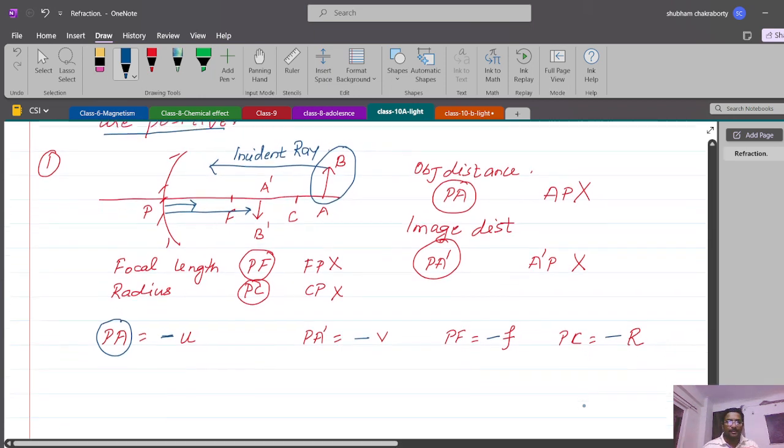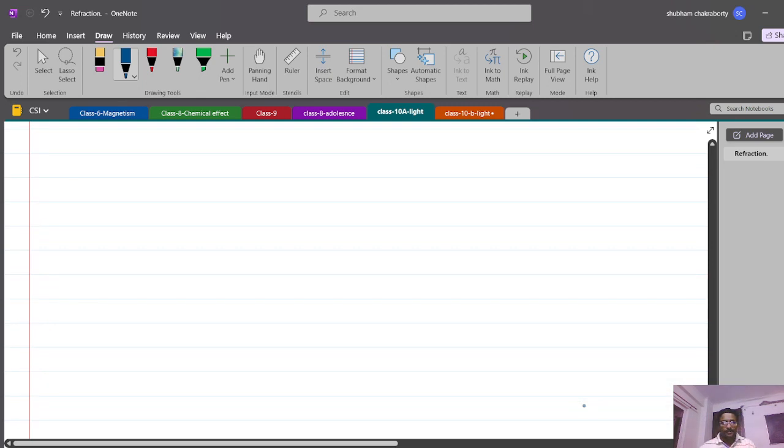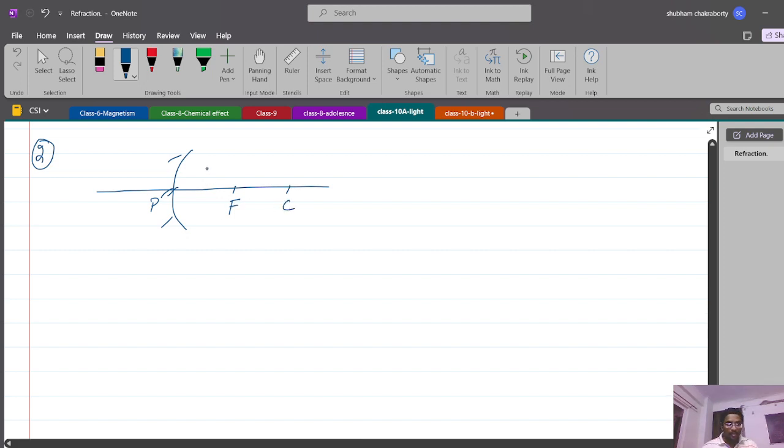Let's take another example. Okay, now again we take a concave mirror. We've got the principal axis, the pole, the focus, the center of curvature, but now the object is kept here. And from ray diagrams, you must have realized that this will be the image.